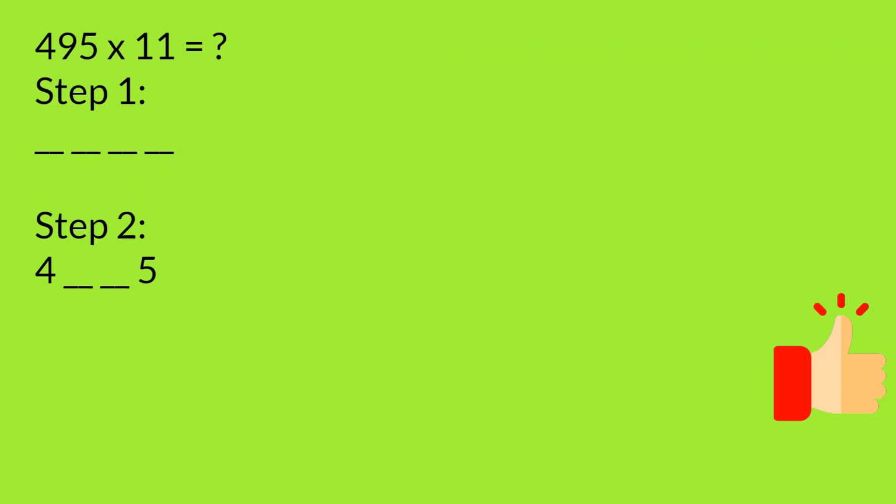And then in this blank we need the sum of 4 and 9, and in this blank we need the sum of 9 and 5. But both of these are 2 digit. So how to handle these? Our answer would look something like this: 4, 9 plus 4, 5 plus 9 and 5. But we need only 4 digits.